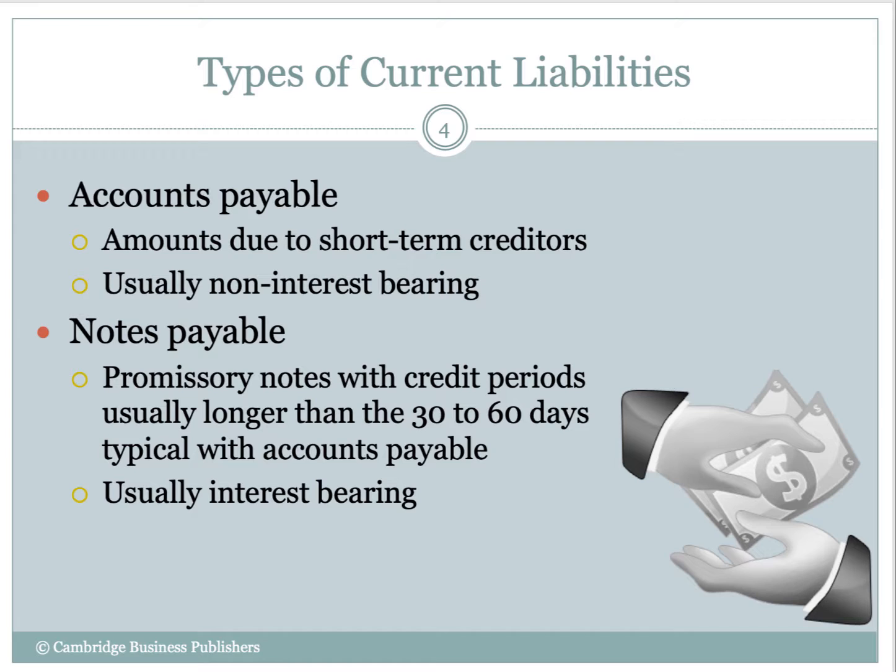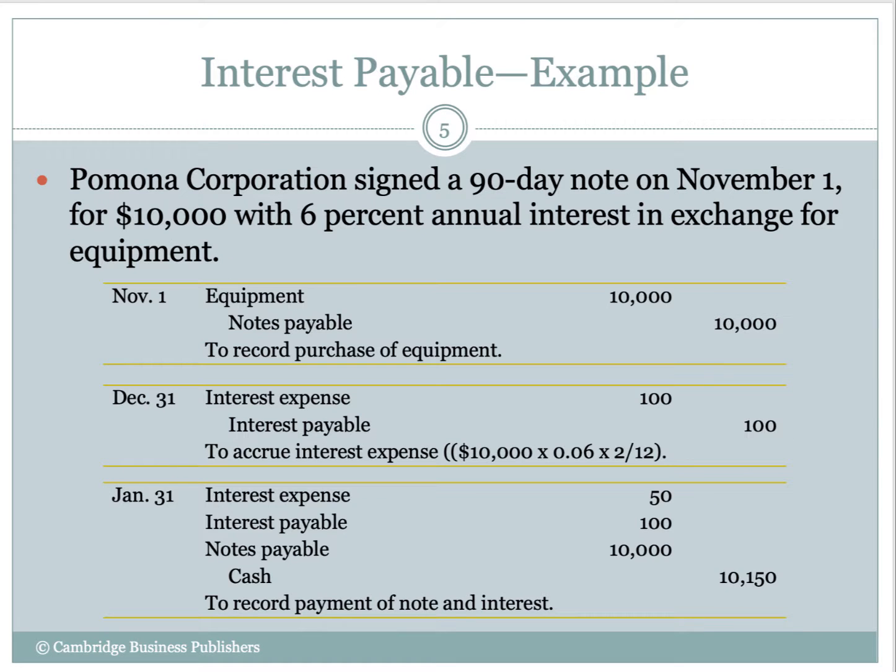The point is that notes payable are going to be longer than the 30 to 60 days, and notes payable usually do involve interest, right? If we have a note payable, we sign a note. We owe somebody money 120 days from now. Usually that business or that person is going to charge us interest. Okay? So let's look at an example of a note payable.